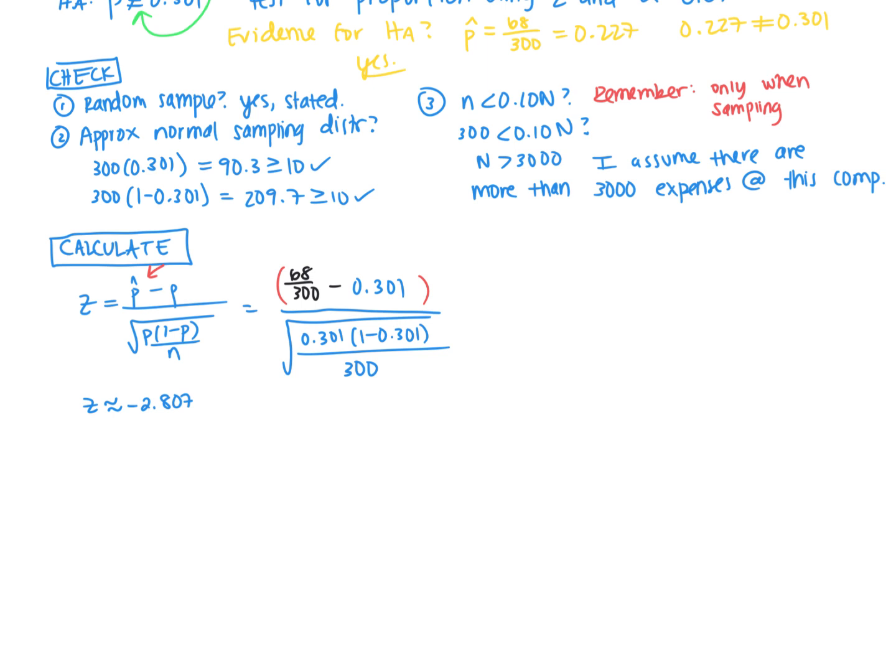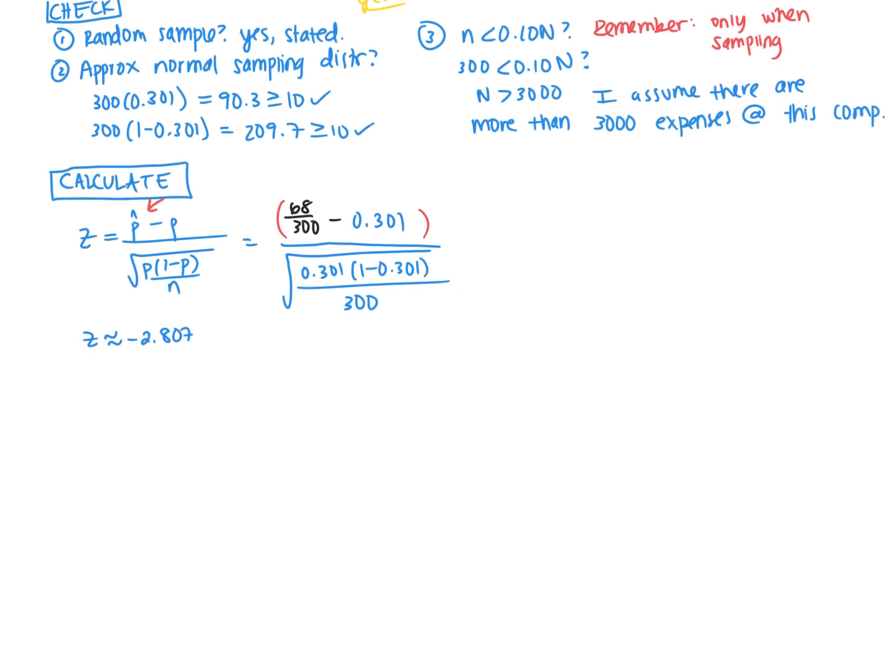Okay, so then let's talk about what this means, because we need to find a probability. So this is a z, so this is a normal curve. So we have the mean, 1 standard deviation, and 2, -1, -2.